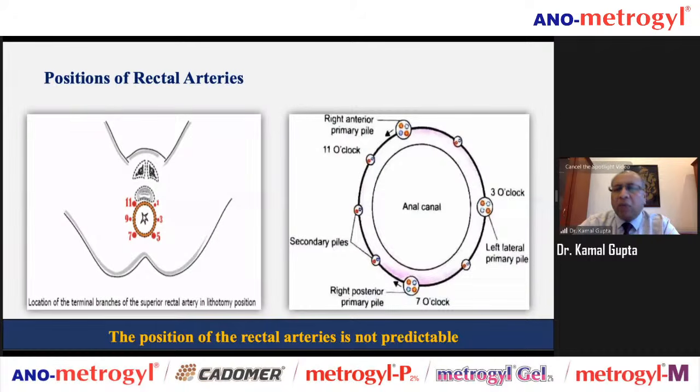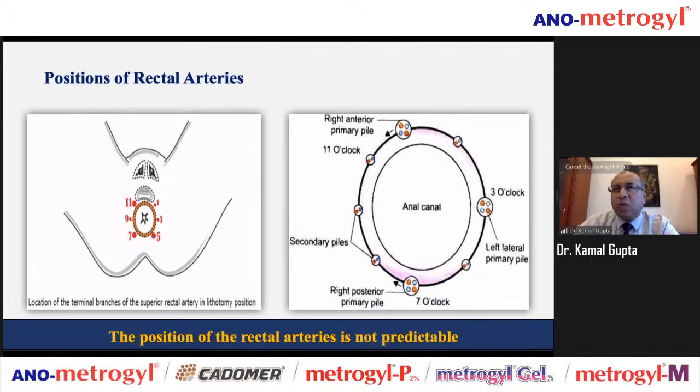And hemorrhoids were also classified according to that. At that time, they said that the hemorrhoids present at 3, 7, and 11 o'clock positions because of anal cushions are called primary hemorrhoids, and hemorrhoids present anywhere else are called secondary hemorrhoids, which is not true.